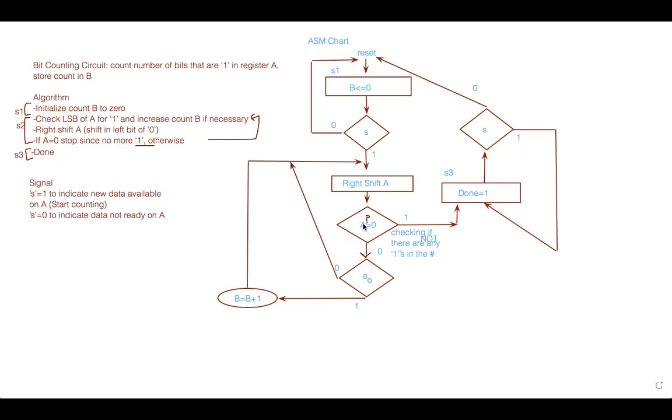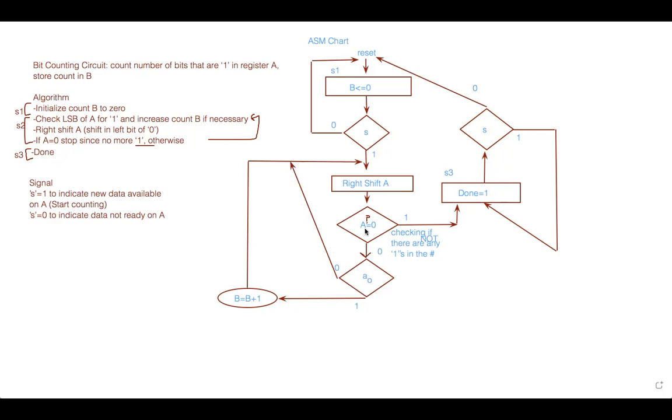Here, it's going to check if there are any ones in the number. If there are ones, then it's going to check if the least significant bit is 1, then it's going to add 1. If the least significant bit is not 1, it's going to go 0 and then repeat the process, shifting over.